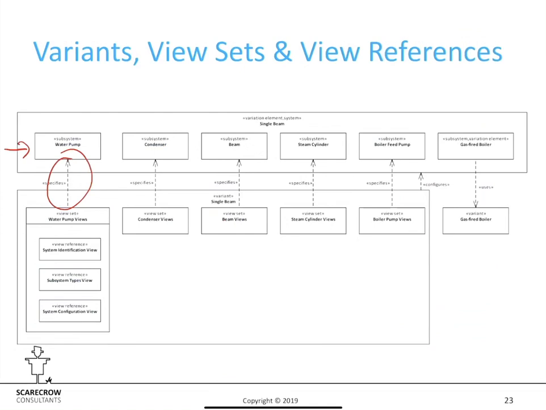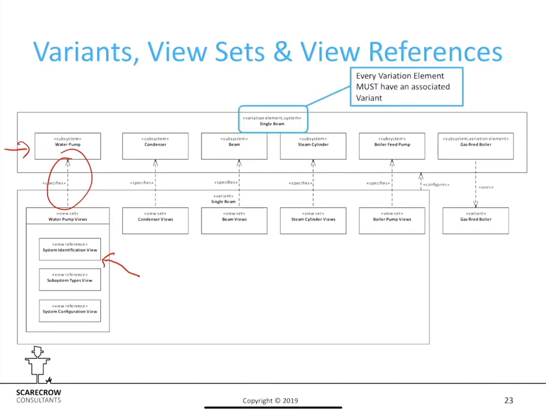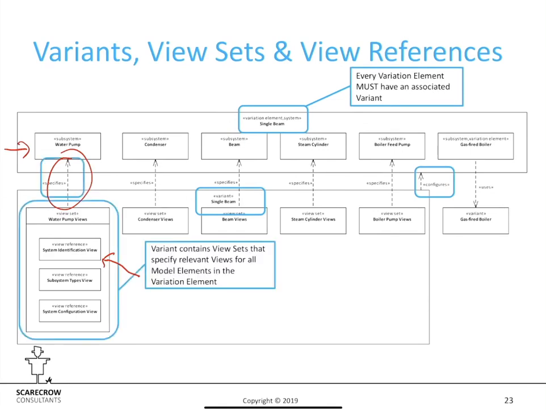Now, the references, these things inside the view set, these are references to the actual diagrams now. So the variation element has a variant. That variant contains view sets, and it has a view set for each of the things that make up that variation element.